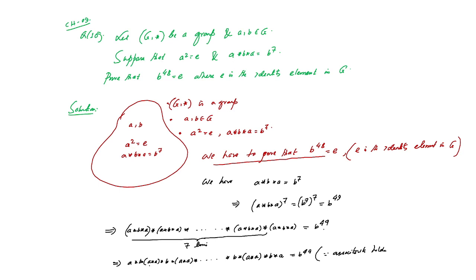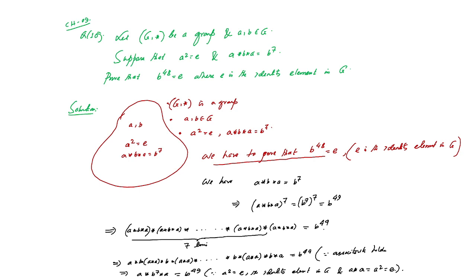Now A star A means A squared, so that will be A star B to the power 7 star A, which equals B to the power 49. Why? Because A squared equals the identity element in G, as given.